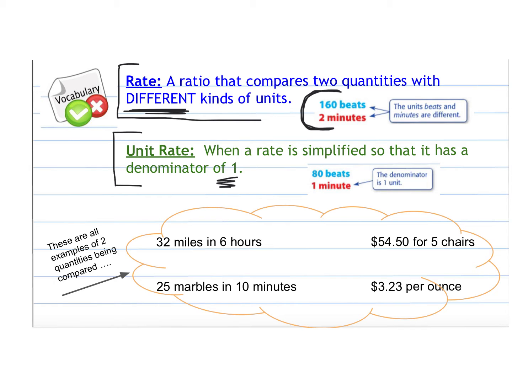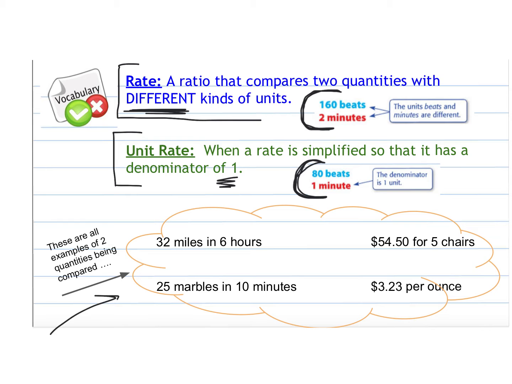And so we're comparing how many beats to how many minutes. And then a unit rate is how many beats in 1 minute. So the unit rate is how many of whatever you're comparing for 1. So 1 minute, $1, 1 second, whatever you're comparing, whatever it would be to 1.